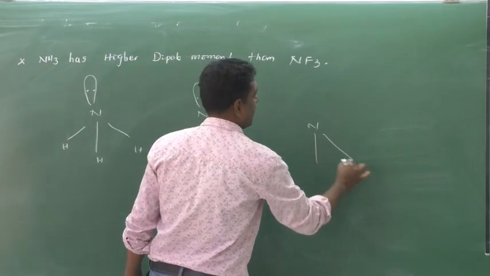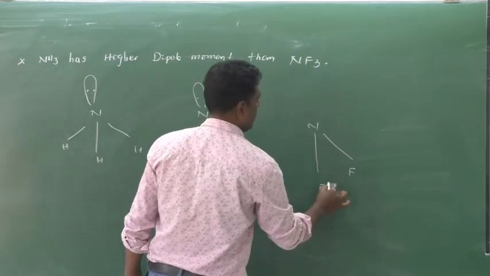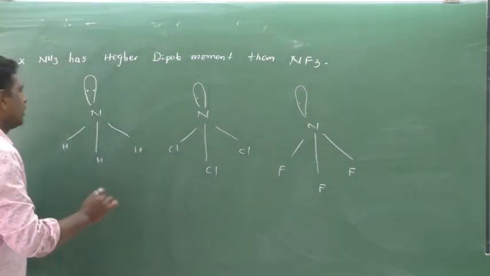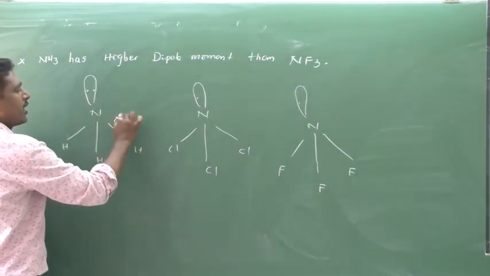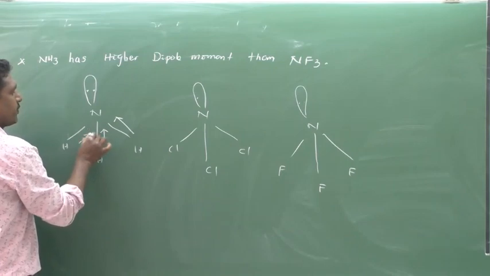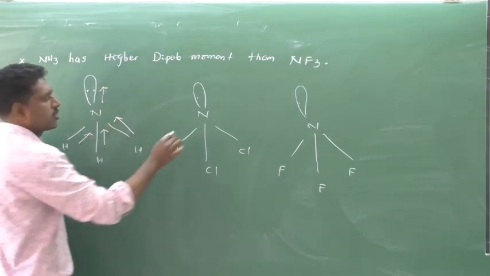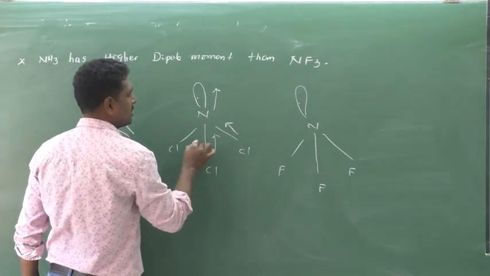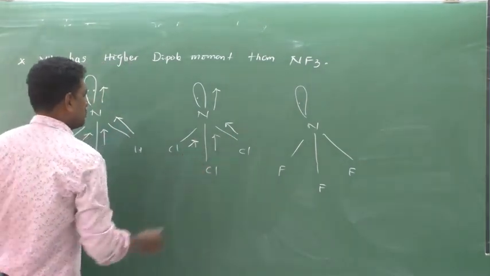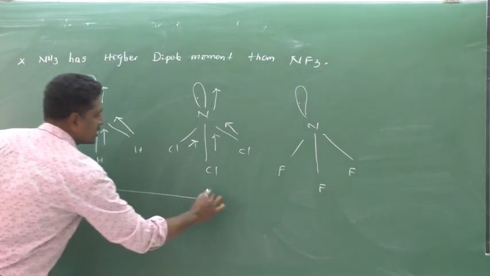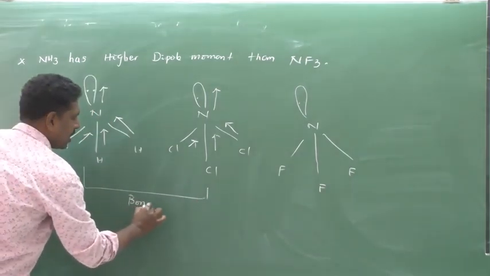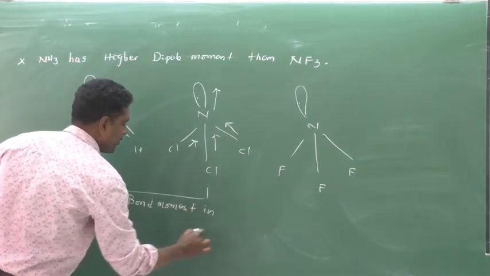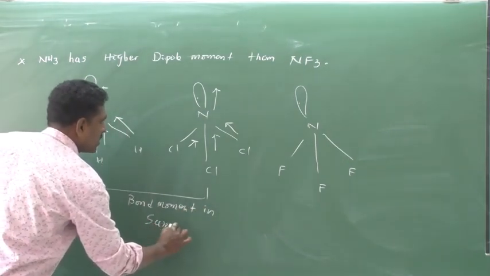And NF3, this is nitrogen trifluoride. Here the bond moment is in this direction. Here also the bond moment is in the same direction like this. Therefore, in these two cases the bond moments are in the same direction.